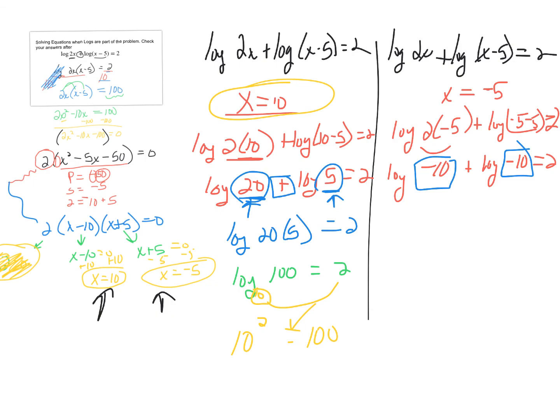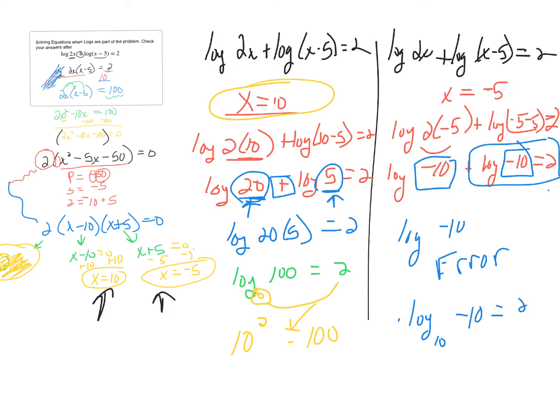And again, if on your calculator you typed in log of negative 10, your calculator is going to say error. It can't be done. Okay? Because you have to think of it this way. Let's say I just focus on this chunk right here. Let's just make this equal to x.